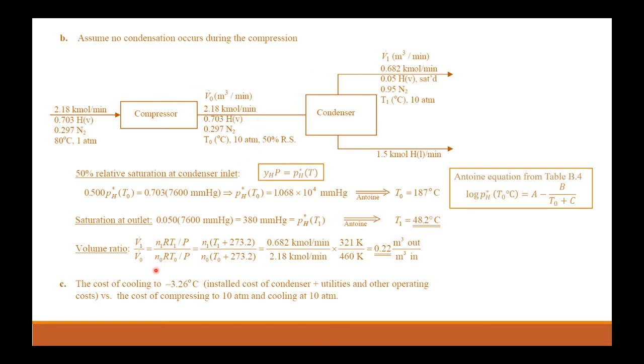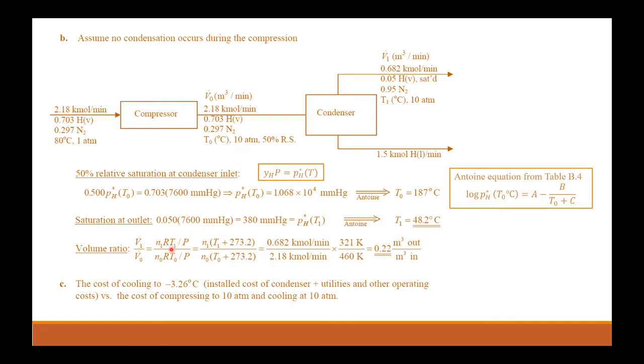Taking PV equals nRT, we can rearrange the formula so that V equals nRT over P. Stacking this in ratio form, V1 over VO is equal to N1 R T1 over P divided by NO R TO over P. So R and R cancel, and P is the same, 10 atm, 10 atm.